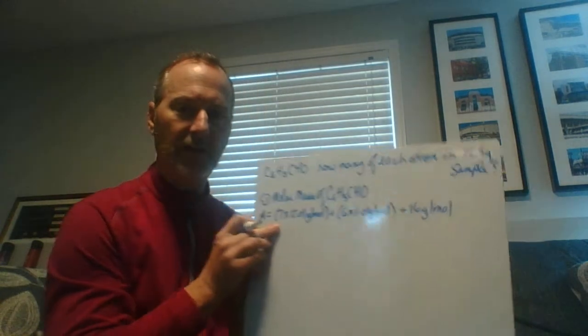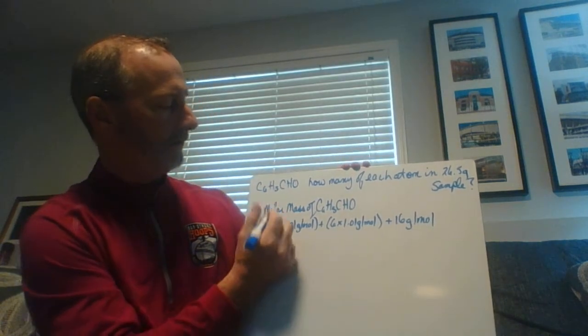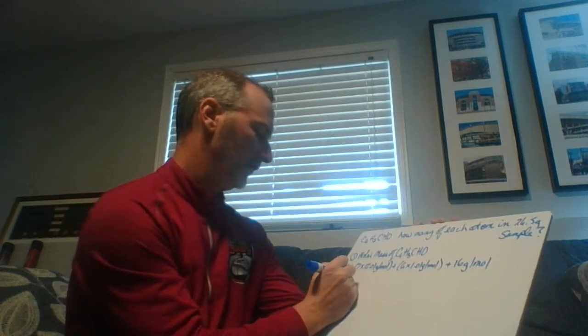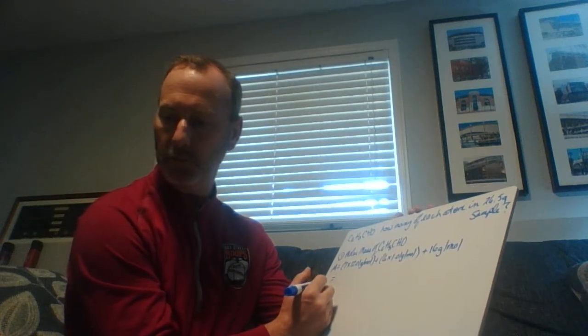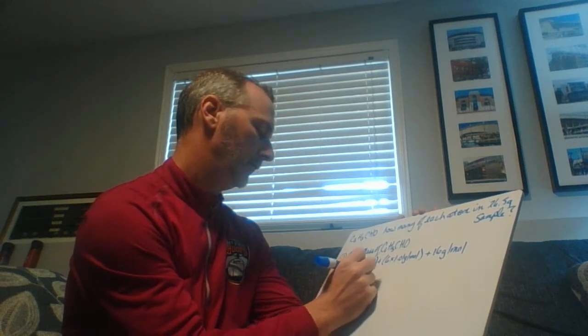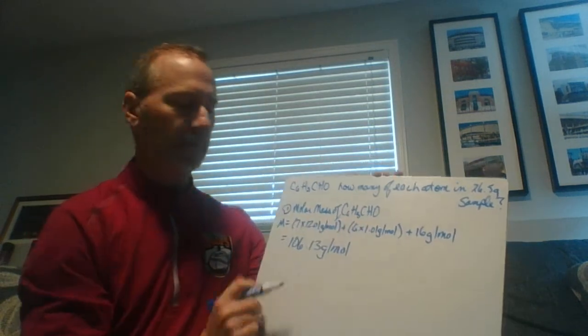So the 7 here comes from, because there's 6 carbons here plus 1 more is 7, 5 hydrogens here plus 1 more is 6, and just the 1 oxygen. Okay, you can do the calculation yourself, but it comes out to 106.13 grams per mole.